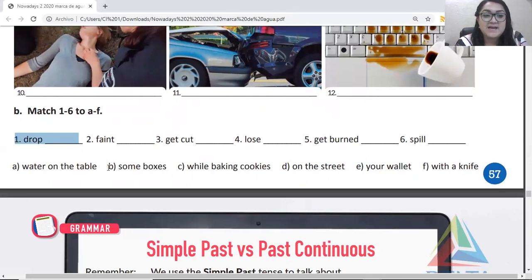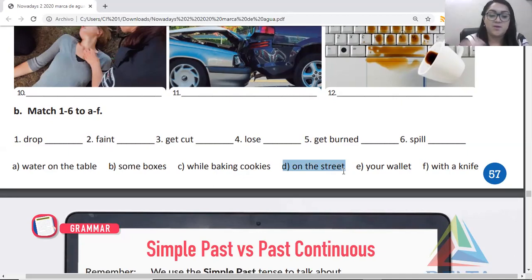Que es que se te caigan algunas cajas. Okay. Number 2 is faint on the street. Desvanecerse o desmayarse. Faint, letter D, on the street.